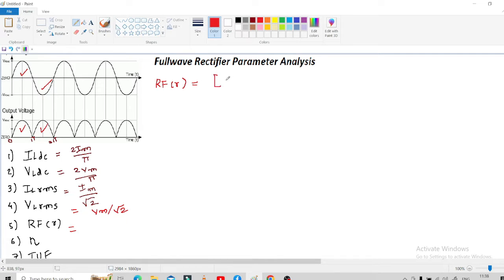So I can straightforward write down the equation, that is nothing but the square root of VL RMS square minus VL DC square, whole divided by VLDC. Okay, now we can substitute the formula which we have already derived over here.